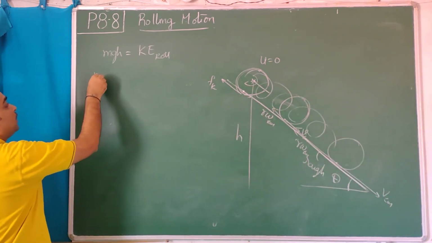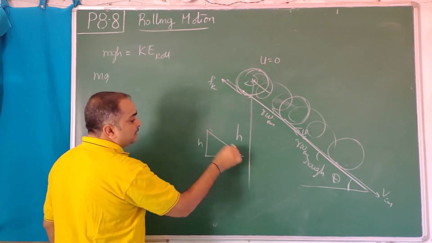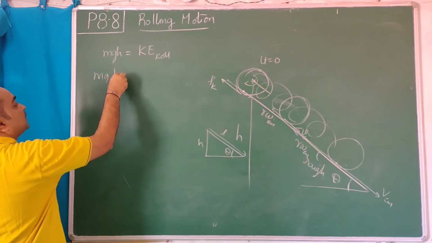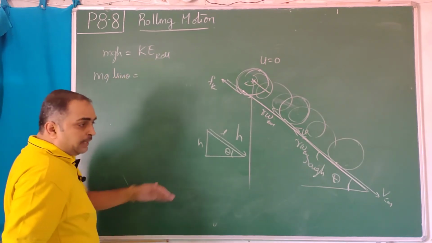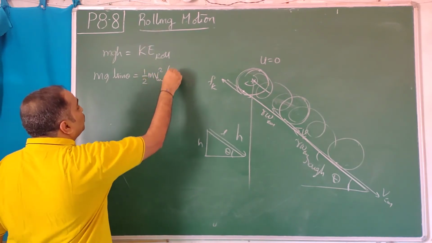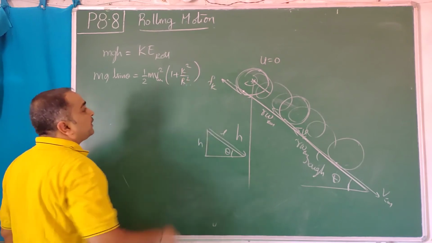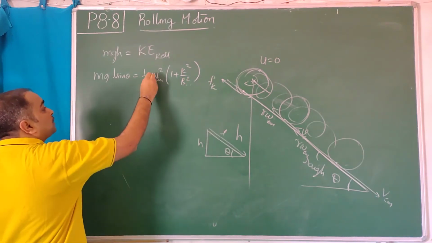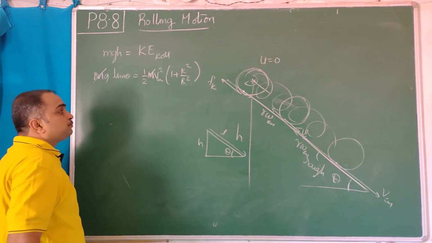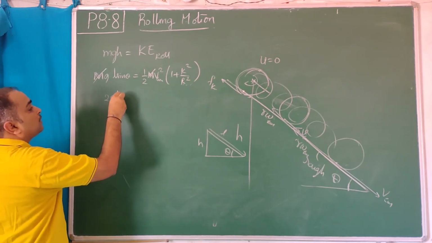So mg, if at all this incline is having angle theta and this is h, this distance traveled, whatever may be the distance, L, h is equal to L sin theta. Kinetic energy rolling, in this video lecture only I told, half m VCM square into 1 plus k square by r square, where r is the physical radius of the object. No, write capital R. Mass of the object, capital M. So this capital M gets cancelled, cross multiply. 2 g L sin theta.